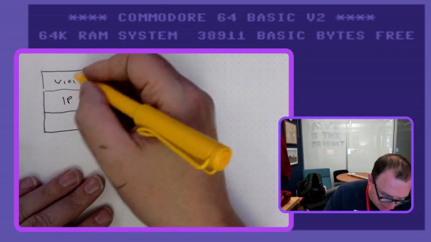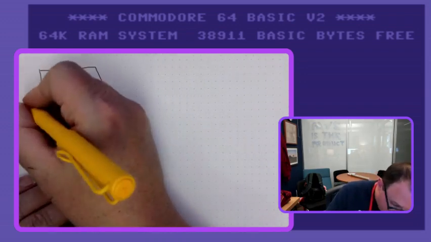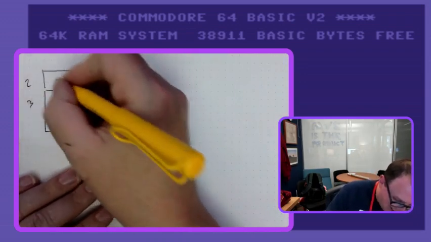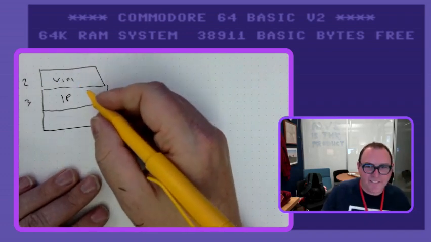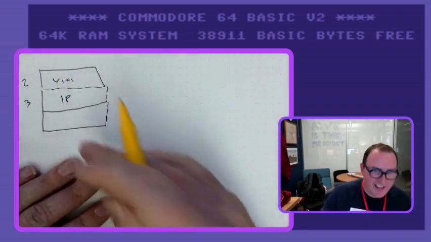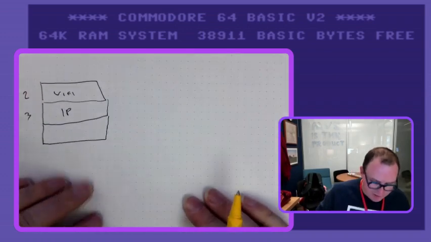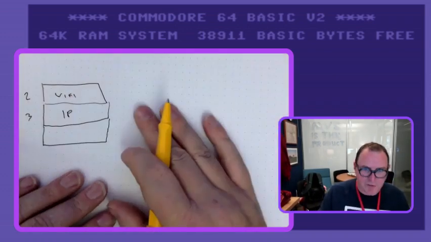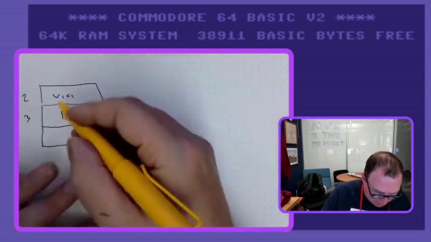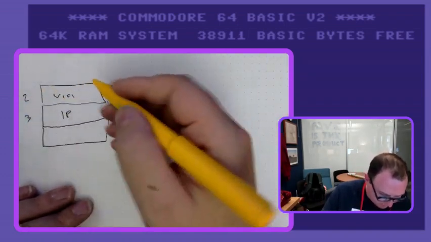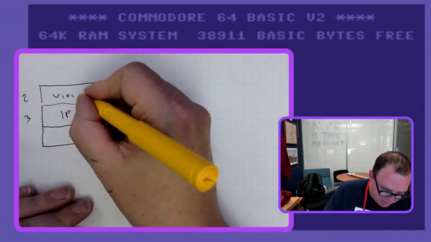I'm already off. Sorry. IP is layer 3. Let's say this is layer 2, my Wi-Fi or Ethernet. Physical layer is like, what kind of physical medium are we on? Like free air or RF or whatever. But here we're just going to start at layer 2, which I'm going to say here is Wi-Fi Ethernet.